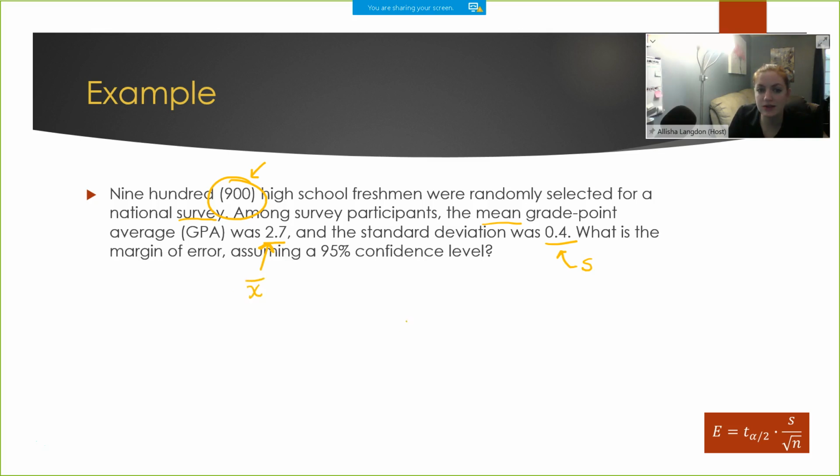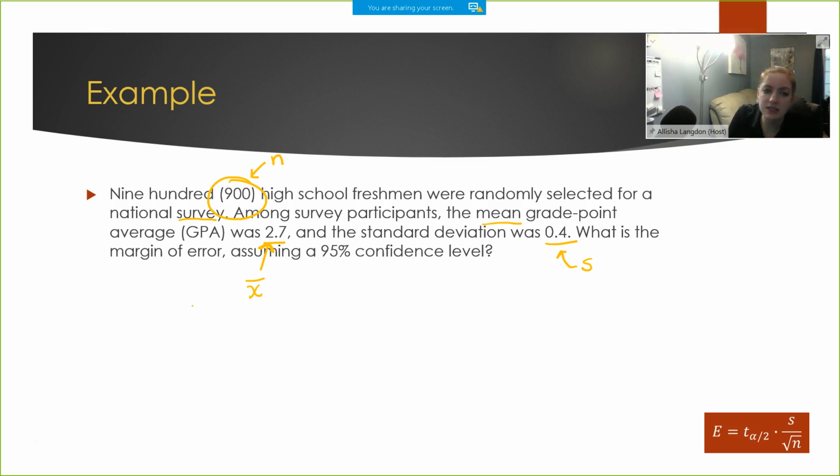X bar. X bar is our sample mean. And then, very good, awesome. I know it's kind of hard to type this in the notes here, but how about 900? What variable is going to represent 900? How many students we surveyed? Very good, yes, N. N is your sample size. So I'm going to go ahead and write N there for 900.